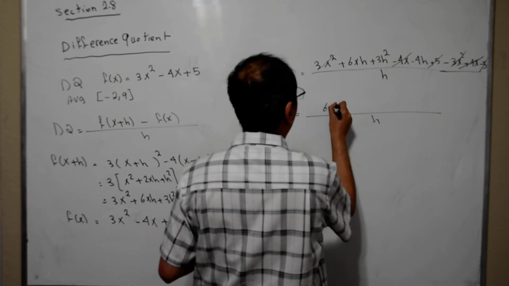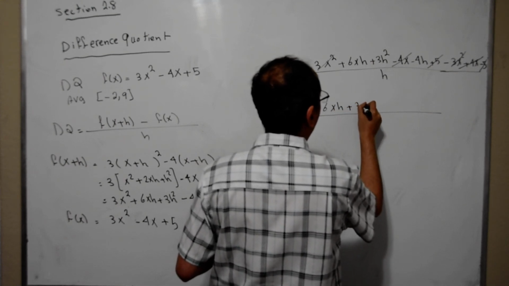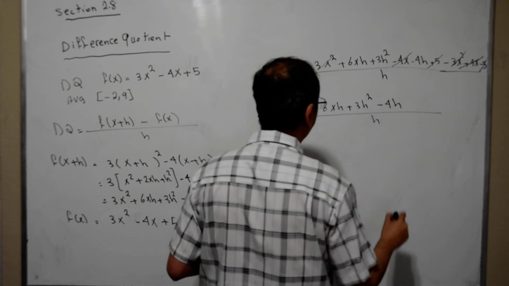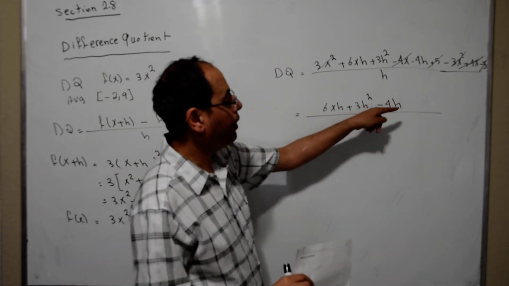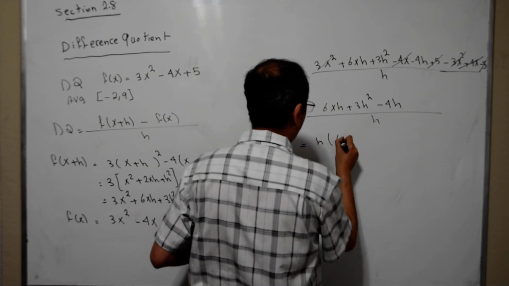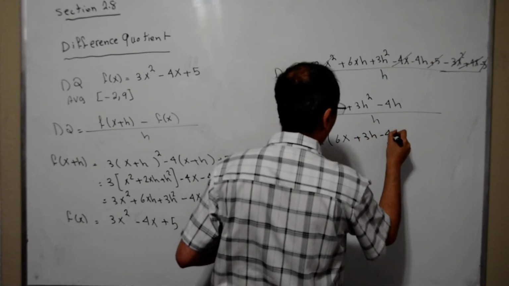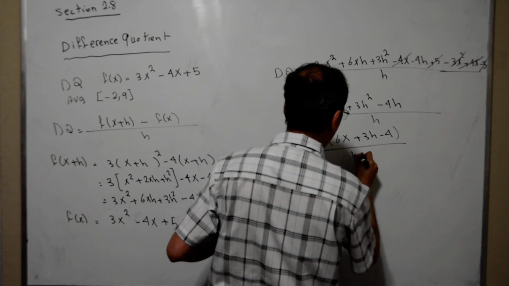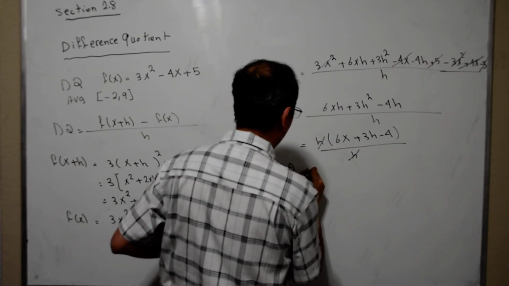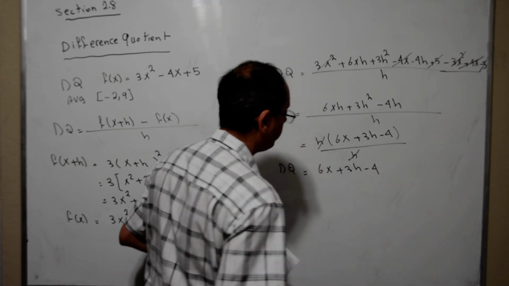So I have 6xh plus 3h squared minus 4h. Okay, you see we can factor h. So I have h times 6x plus 3h minus 4, over h. h with h is cancelled out, so I have the dq is 6x plus 3h minus 4.